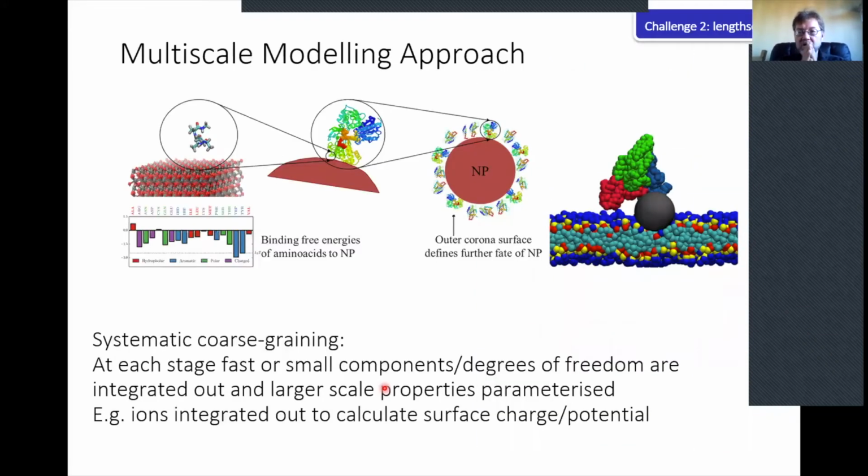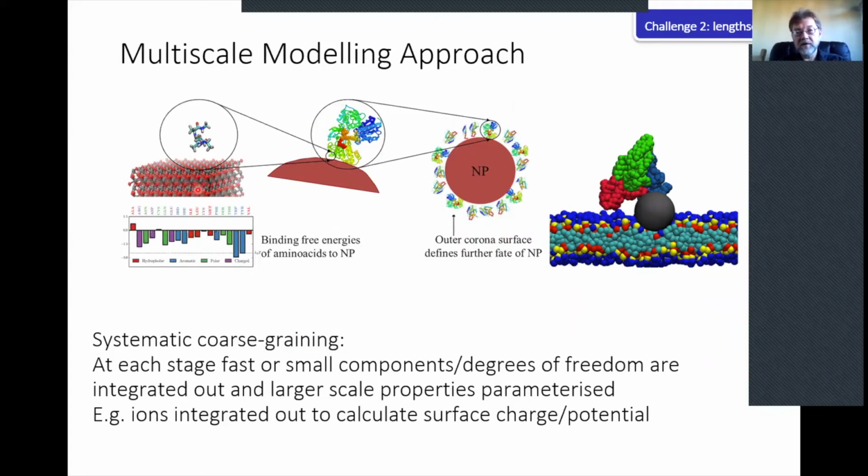Good. So from an implementation point of view, the main element of our multi-scale model is atomistic simulation. You see a snapshot. We perform atomistic simulations of biomolecular fragments with surfaces, then simulations of entire proteins interacting with surface, then simulations of proteins competing for adsorption, and then we try to predict cell uptake or membrane penetration.